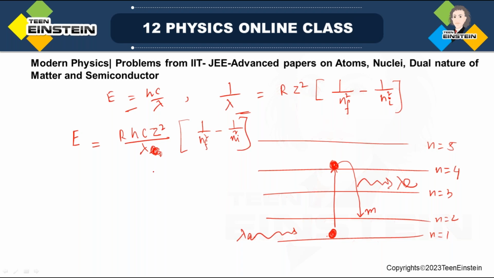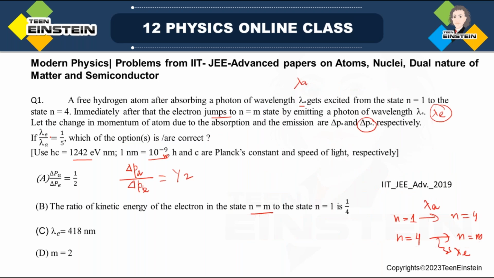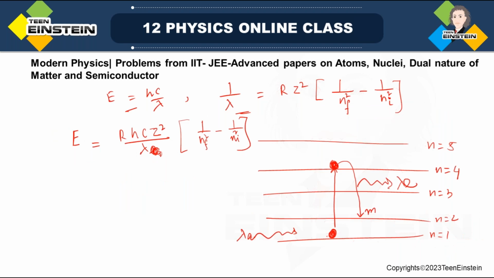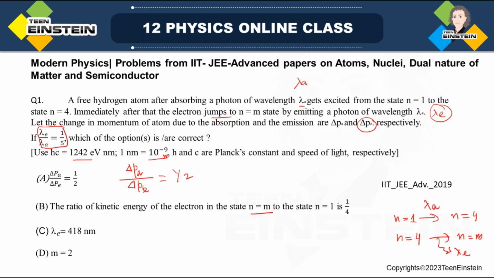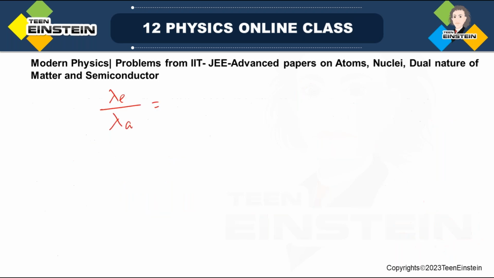According to the question, this is given already, so we'll go with that clue. What is the ratio? I'm sorry, I think it is lambda a by lambda e. Lambda a by lambda e is given, so lambda a by lambda e is 1 over 5, that is given.